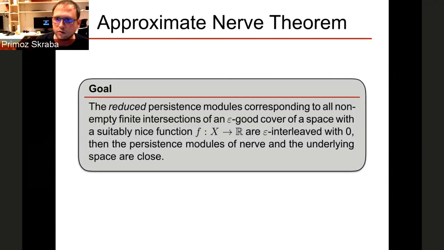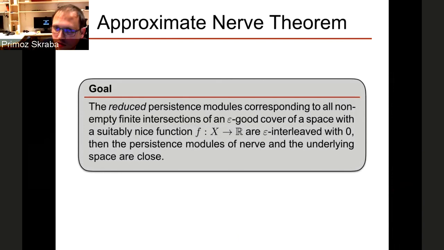You can think of it as just ignoring that infinite component that's first born. Okay, and what we're going to try to prove is that, let's say each of my finite intersections are epsilon good, then the persistence module arising from the underlying space and the one coming from the filtered nerve are in some sense close, and we're going to try to figure out exactly what close means.